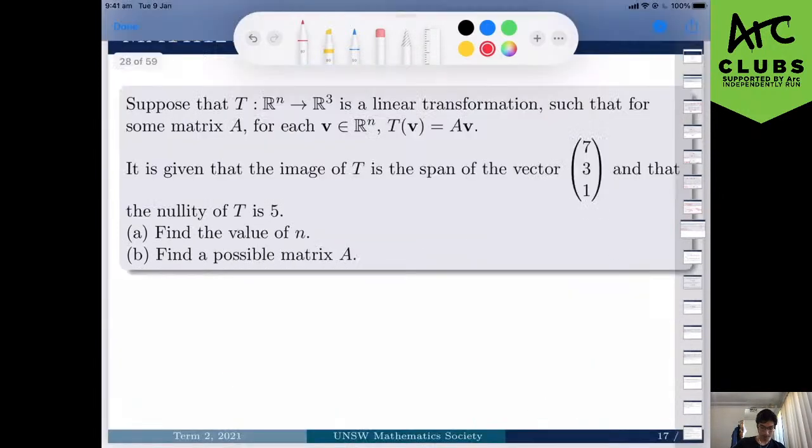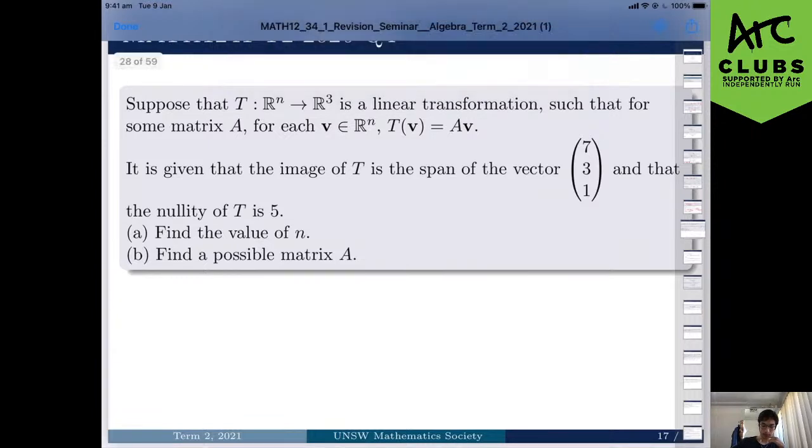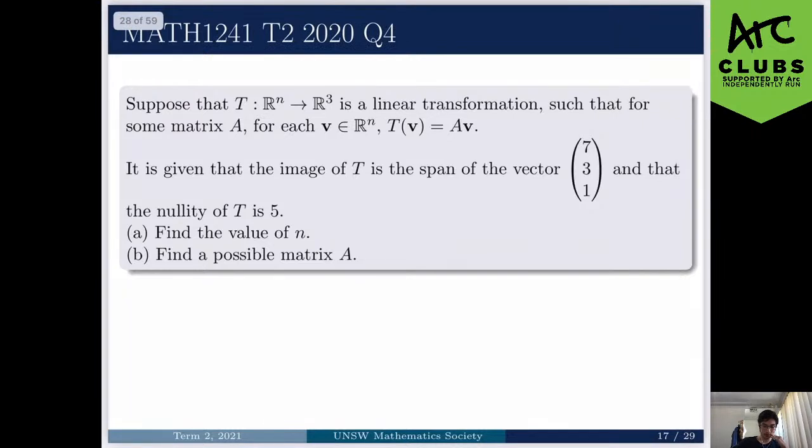Spoilers. This question was in 2021, an online exam last year. We have some linear transformation. We don't actually know the domain, we just know that it's R^n where we don't know n. But we will shortly know n. It's given that the image is the span of this vector and the nullity of T is 5.